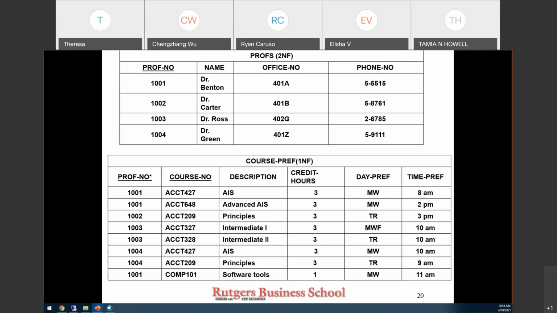But if the phone number field refers to the professor's cell phone number, which would not change if the professor was moved to a different office, then there's no connection between the office number and the phone number. In that case, there's no transitive dependency in this table, and it would be in the third normal form.